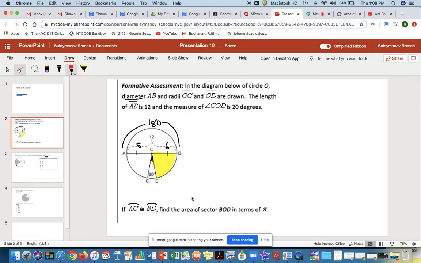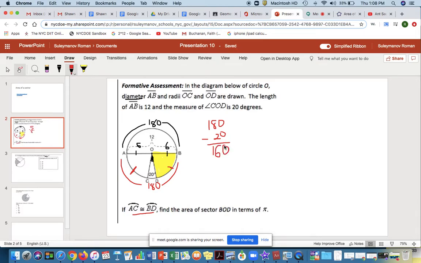So what else do they give you? They give you that these two pieces are the same in this line right here, and you know one piece is 20. So you want to put all the facts together. On the bottom here we have half a circle, or 180 degrees, right? So we're going to do 180 minus 20, and we get 160.